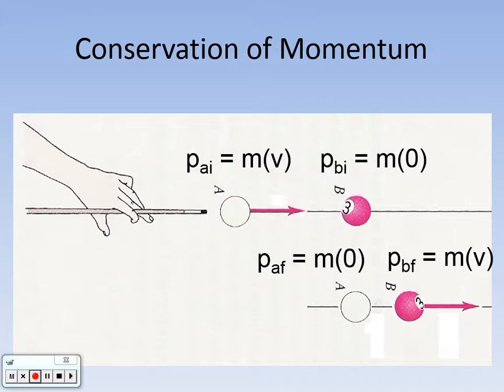So, if red comes in and blue goes out, what should we see about blue going out? Be slower. If we double the mass, how much slower should it be? Twice as slow or half as fast, right? Okay? All right, are we ready? Here we go.